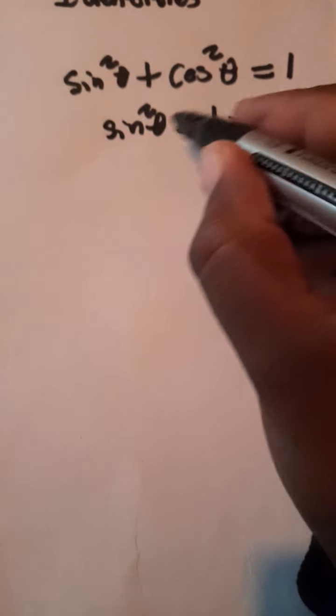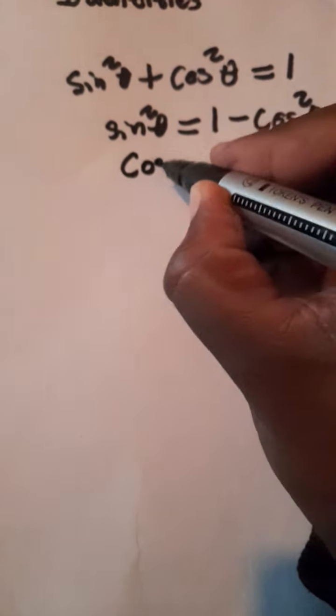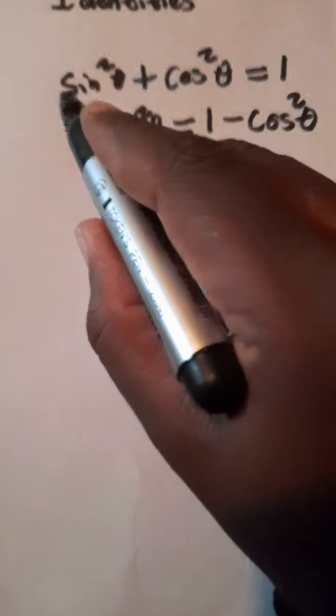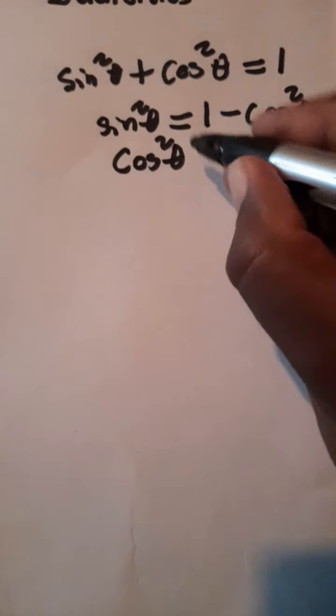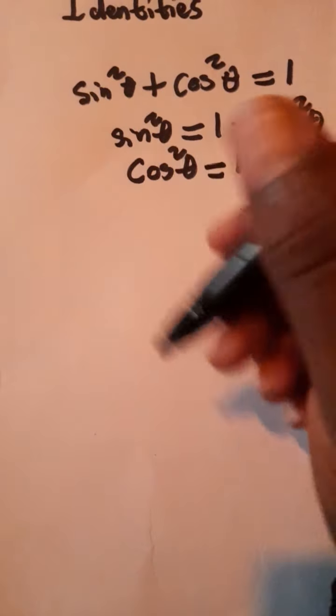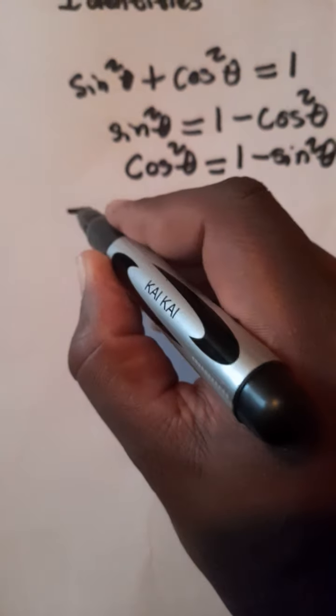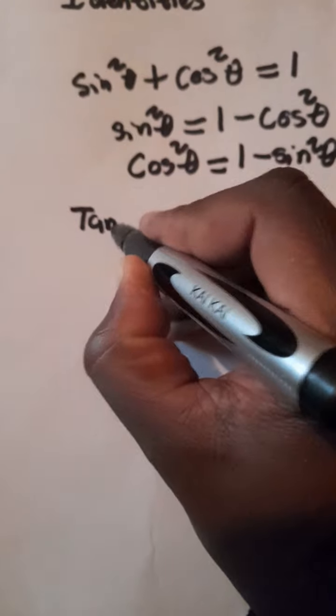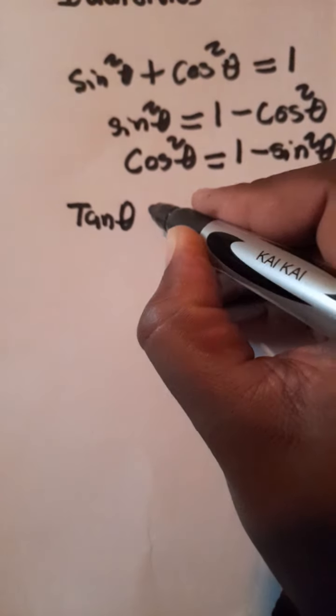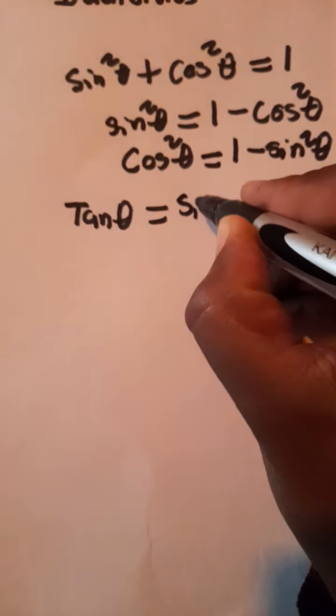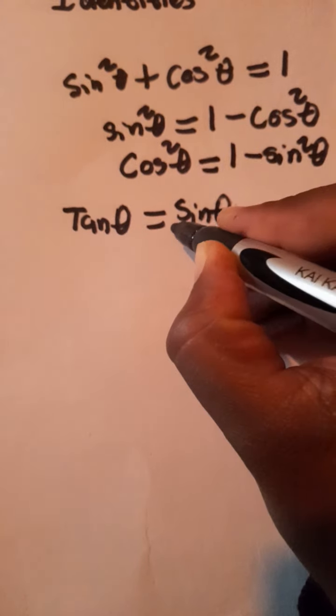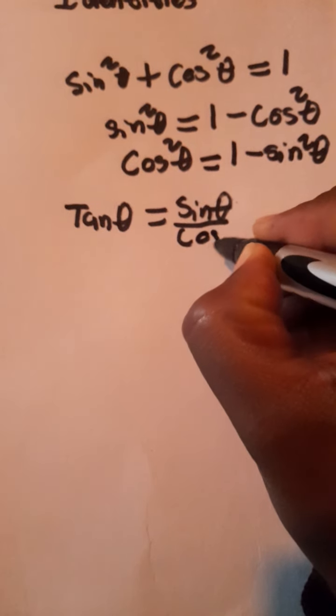Well, we can also make cos the subject. We'll say cos squared theta. We will then transpose our sine squared to the other side, so it will be 1 minus sine squared theta. Okay, we have another type of identity. We call it tan theta, which is equal to sine theta all over cos theta.